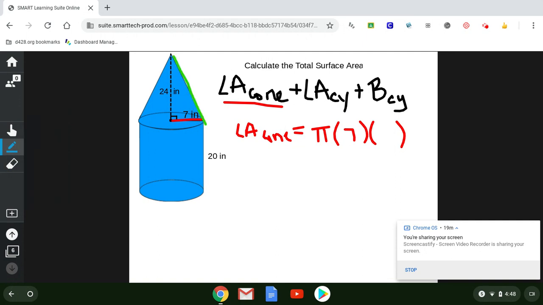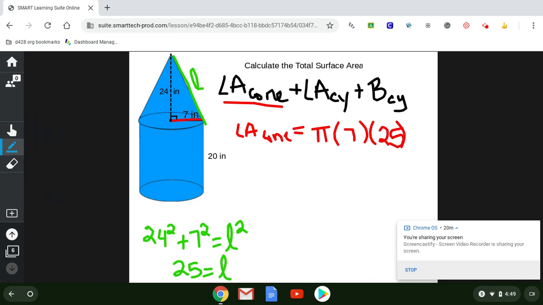I'm going to use the Pythagorean theorem to find that missing side. So 24 squared plus 7 squared equals L squared. So my slant height is going to be 25. I'm sorry that I do that. It's because it's an L, so I think lateral, and I know that's wrong. It's slant height. I apologize if that confuses you. I'm trying my best to remember.